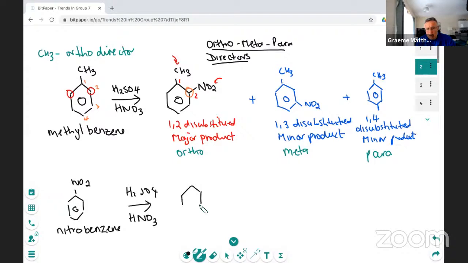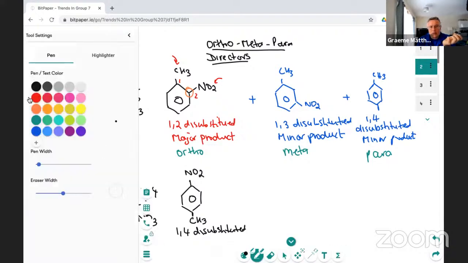It's going to make whatever you add onto it go in the 1,4 position. So this would be 1,4 disubstituted, which is obviously the para, and this one is your major product.